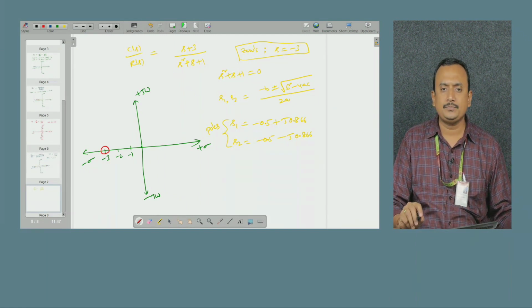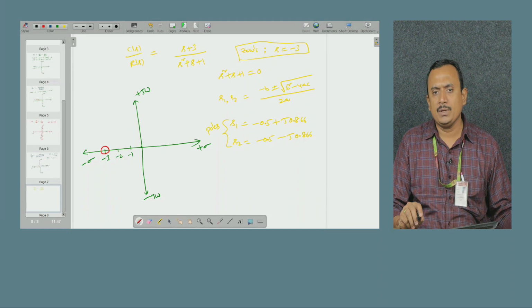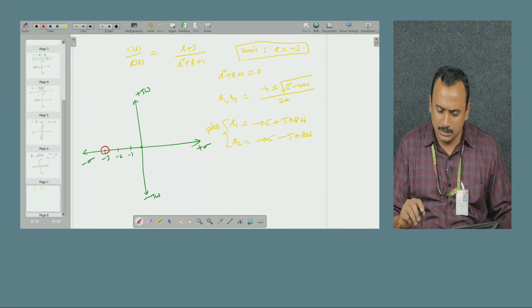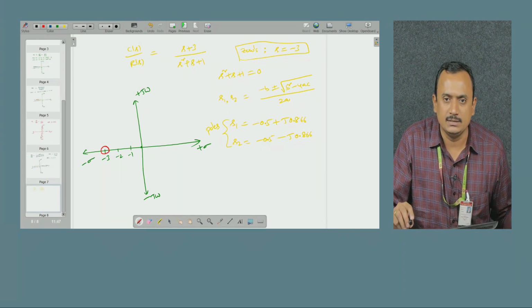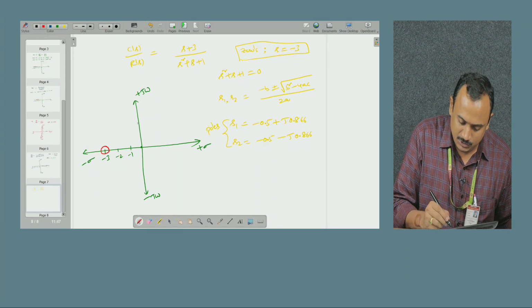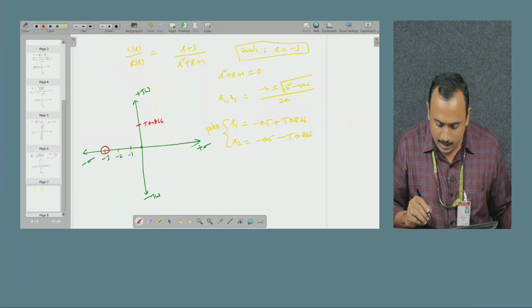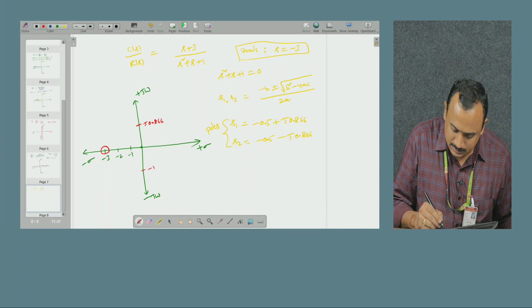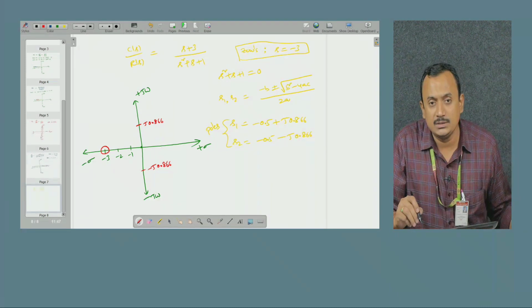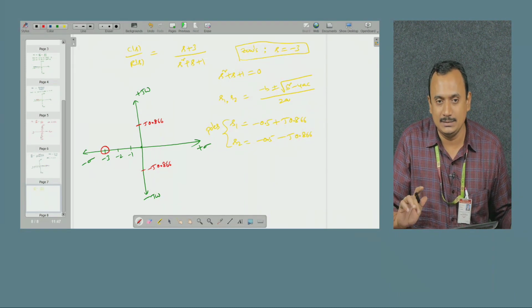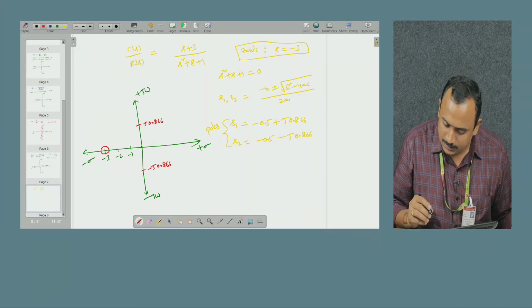And now poles. So poles are at -0.5 plus j 0.866 on the positive imaginary axis. Let us say this is j 0.866 and another one is minus j 0.866. Now it is a combination of both real part and imaginary part. Where is the real part?